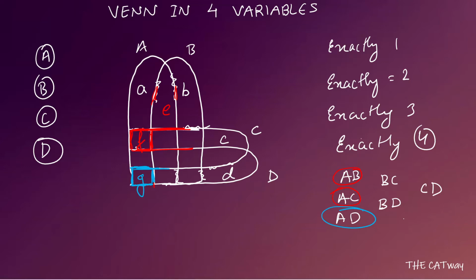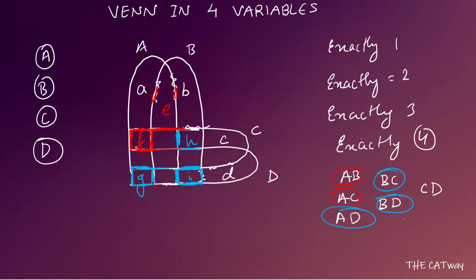After that, let's come to B and C. A's boundary ended here and D's boundary ended here, so this area is under B and C both and not A and D. This will be only B and C, represented by H. Similarly, for B and D, C's boundary ended over here and A's boundary ended over here, so this column represents B and D, that is, E, F, G, H. Then we have I over here.